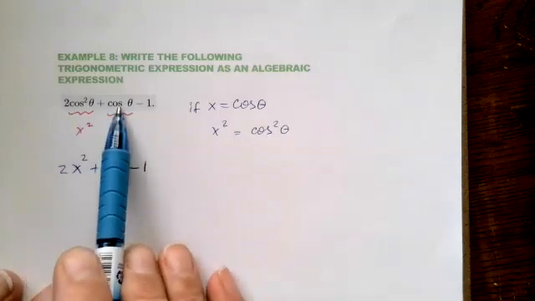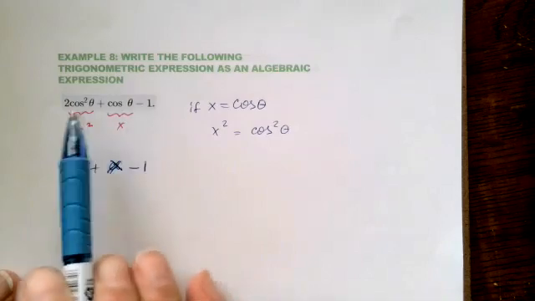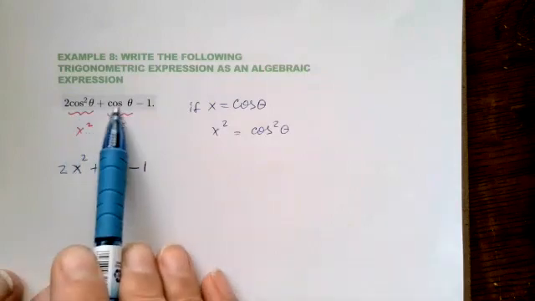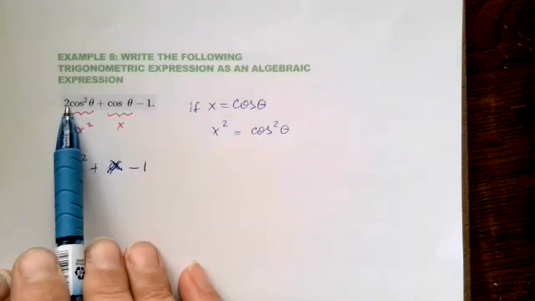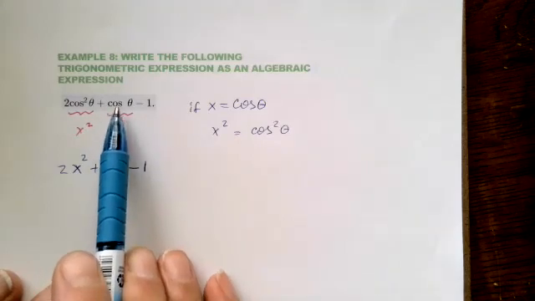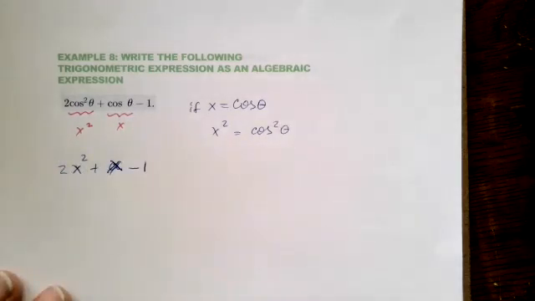But then this trio is classical for a quadratic expression. So a trig function squared, just the trig function. It could be multiplied by a coefficient, like in this case we have 2, in this case we have 1. It could have other coefficients, of course, and then we're also going to have a free coefficient, not multiplied by anything. So that's a quadratic expression.